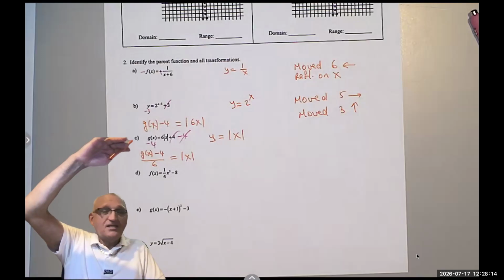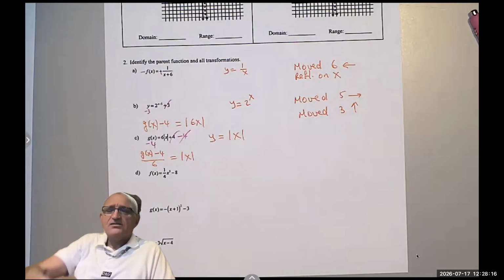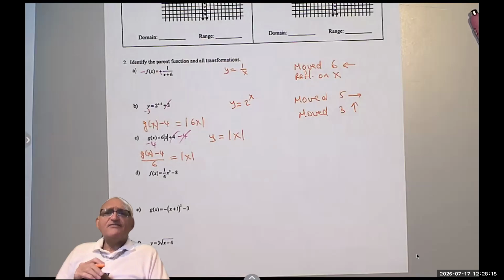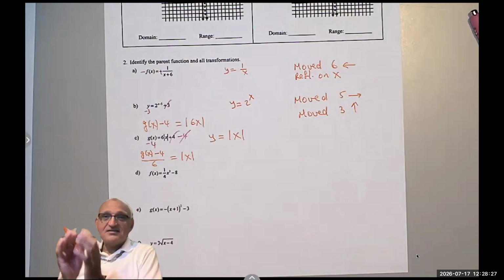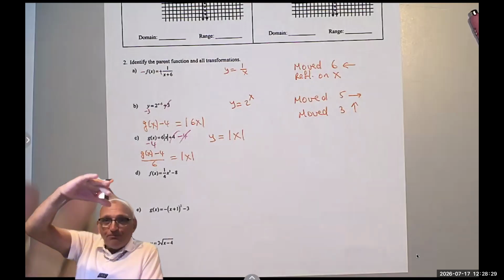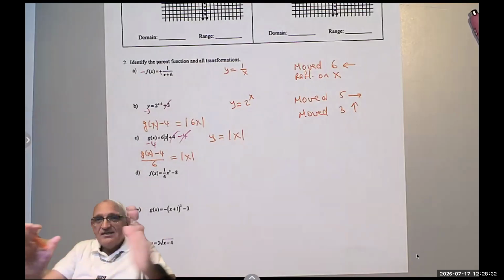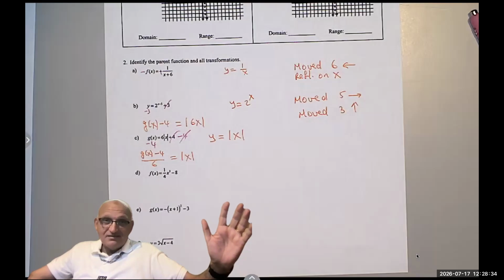Sometimes in the questions they tell you, is the new graph wider or narrower than the parent? Well, if you extend the y, the x gets narrower. If you compress or shrink the y, the x would be wider, right?